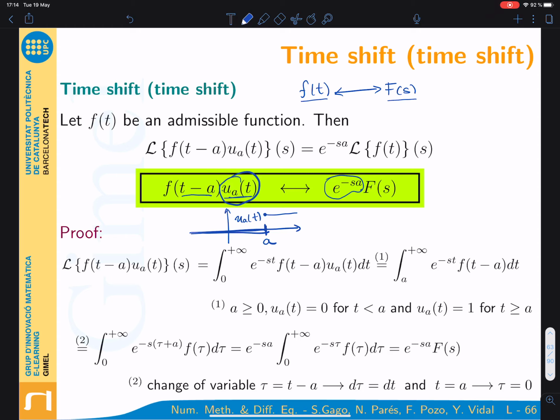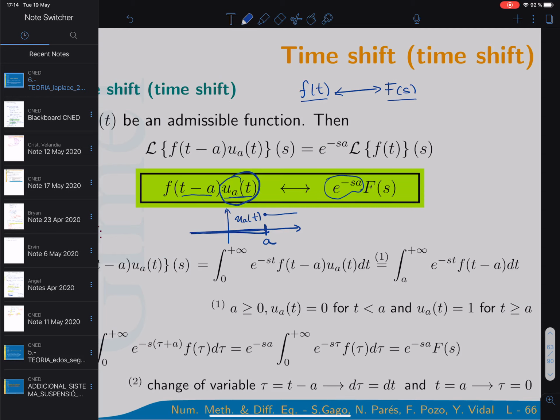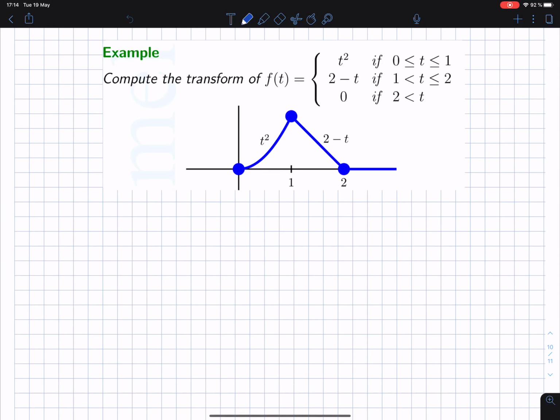Now, let's see how this property can be used to compute the Laplace transform of piecewise functions like this one. Here, we have a piecewise function given in 3 different parts. The first part goes from 0 to 1, and it's a parabola.